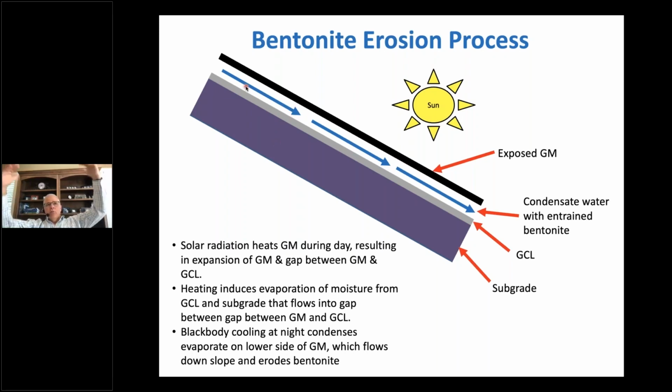And as it cools in the evening, moisture condensing on the lower surface of that geomembrane and just rolling down slope and to the bottom of the toe. And you can imagine that some of this material is drying out. Some of it's probably wetting down near the toe.